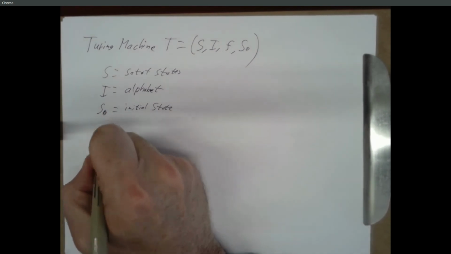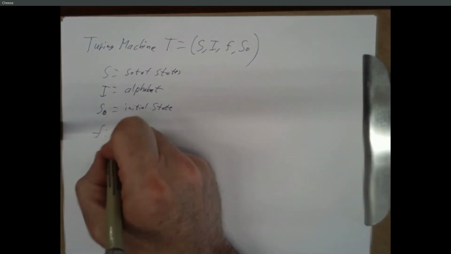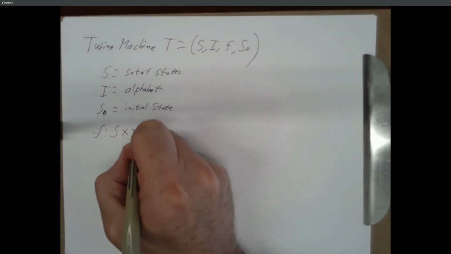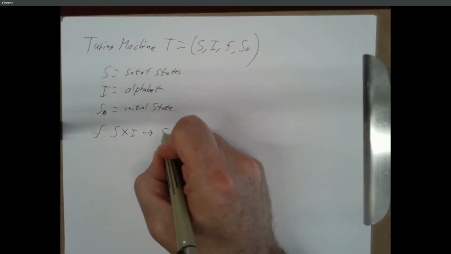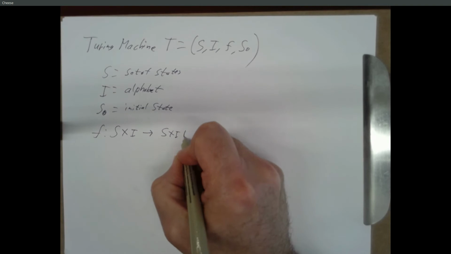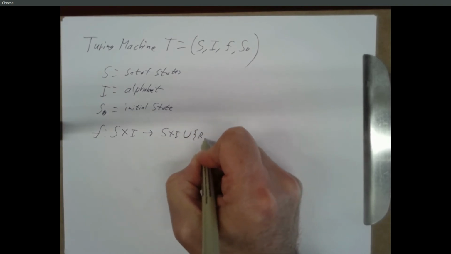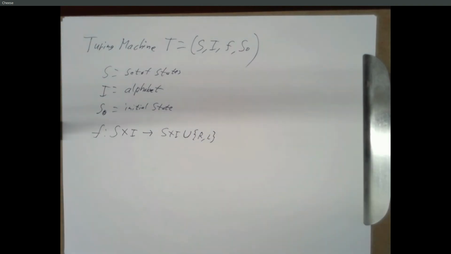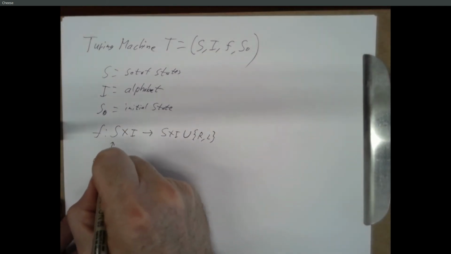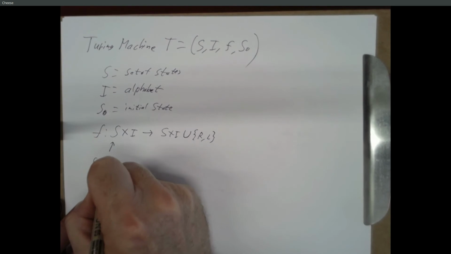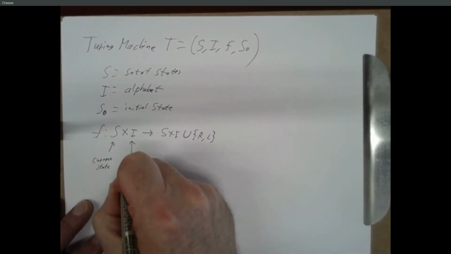And F looks really horrifying when we write it mathematically, but I'm going to do it anyway. It's a map from S cross I to S cross I unioned with the set R comma L. But we're not going to worry about this. We're going to draw pictures, and it'll be better. But this is basically your current state and your current input.